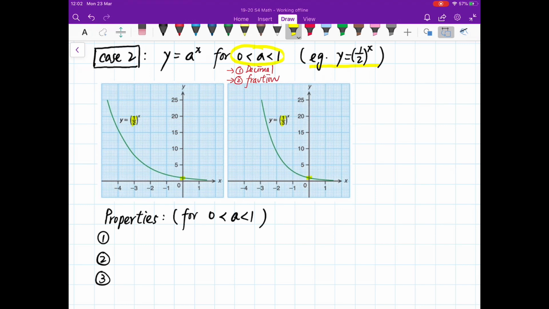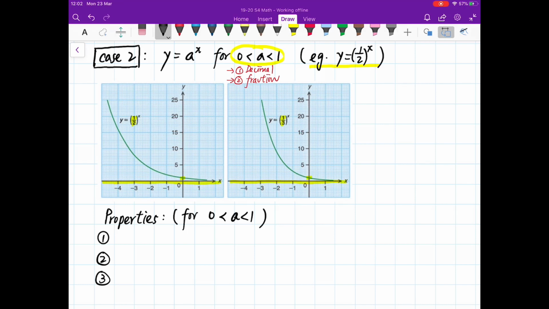Finally, let's take a look at the third one, that is, compare the graphs with the x-axis. Do they lie above the x-axis? And the answer is yes again. Then we can draw the conclusion about the properties.